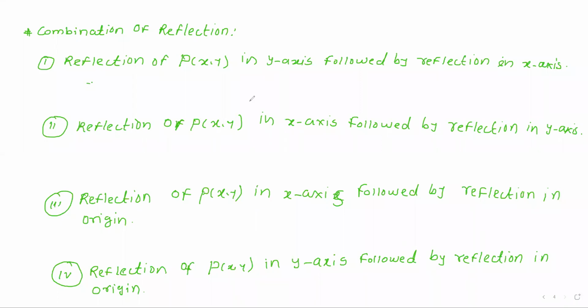The last point of this chapter is combination of reflection. If you have point P and we reflect it in y axis followed by reflection in x axis, in short form this can be shown as R suffix x R suffix y equals R suffix origin.